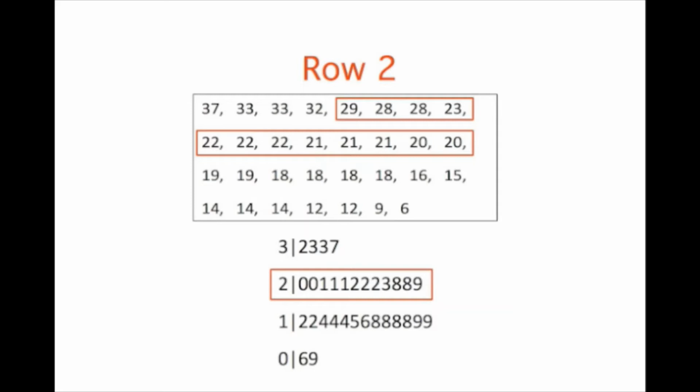Together, they represent 12 data points, namely 2 occurrences of 20 touchdown passes, 3 occurrences of 21 touchdown passes, 3 occurrences of 22 touchdown passes, 1 occurrence of 23 touchdown passes, 2 occurrences of 28 touchdown passes, and 1 occurrence of 29 touchdown passes. I will leave it to you to figure out what the third row represents.